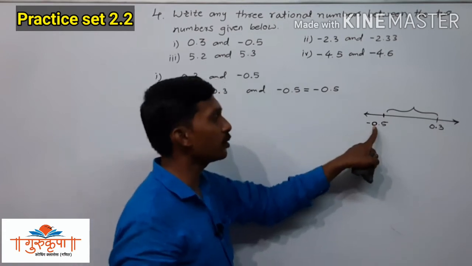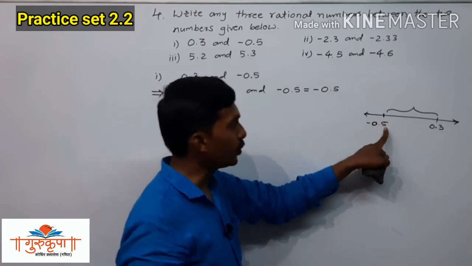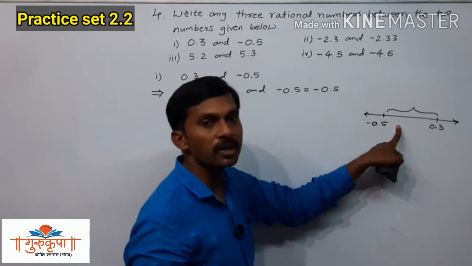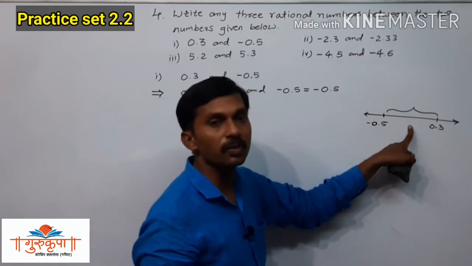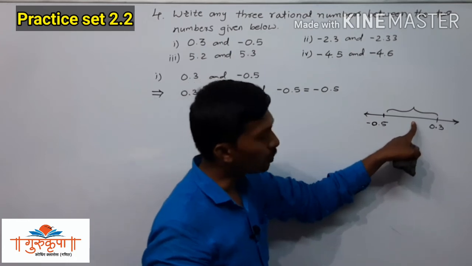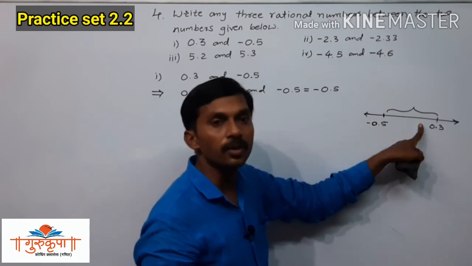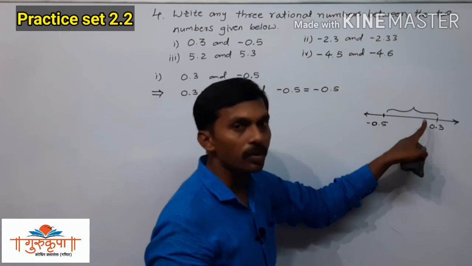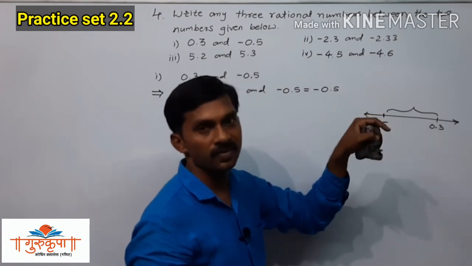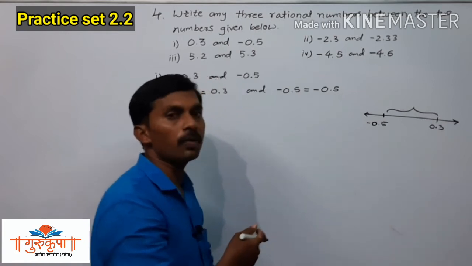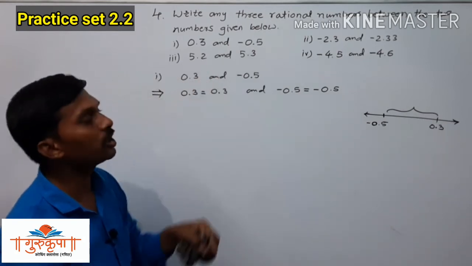Here we have minus 0.5. Before minus 0.5, minus 0.4. Before minus 0.4, minus 0.3. Before minus 0.3, minus 0.2. Before minus 0.2, minus 0.1. And then we have 0. So you will get a lot of numbers there, but we have to write only 3 numbers.